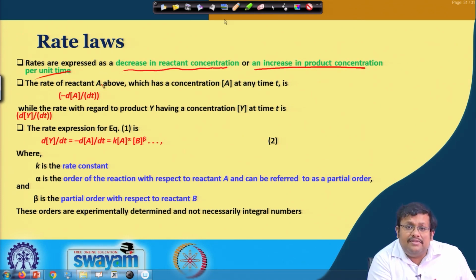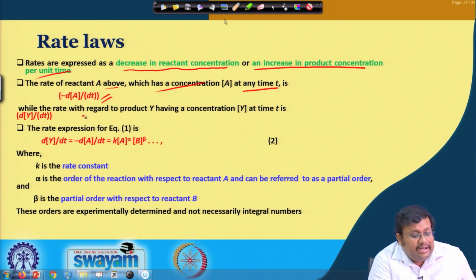So, for the previous equation which you have just seen, the rate of reactant A, which has a concentration at any time t, can be expressed like this, and a negative sign says that it is a decrease in reactant concentration.